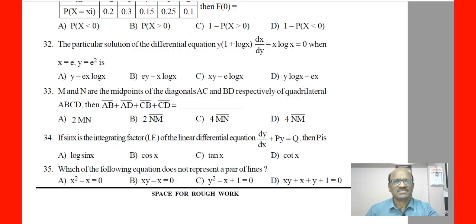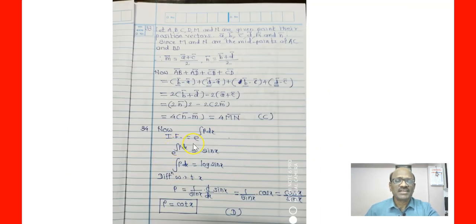Now next question. If sin x is the integrating factor, that is IF, of the linear equation dy by dx plus Py is equal to Q, then what is the value of P? Now see this: the integrating factor is e raised to the integral of P dx.